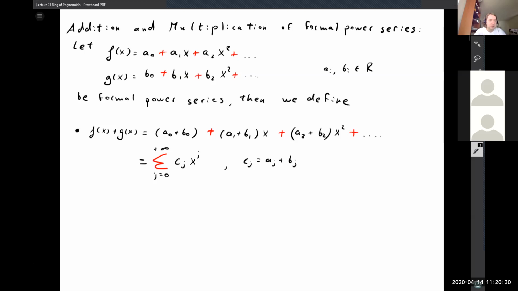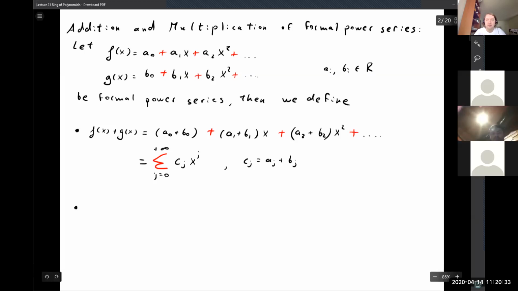Okay, so now the multiplication is actually much more interesting. So let's define the multiplication of two formal power series as, again, a formal power series with coefficients in R, which we will denote as d sub j. And the d sub j are computed from the coefficients of the original series as follows.